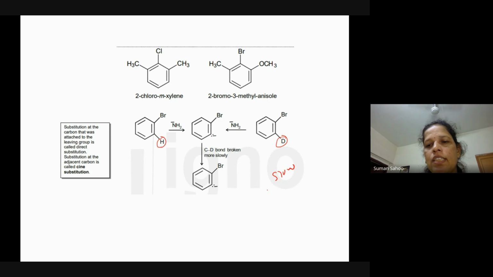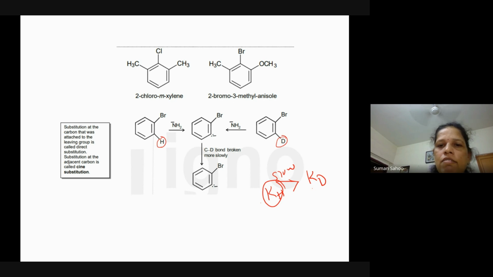So kH is much higher as compared to kD, the rate constant for carbon-hydrogen bond breaking is more as compared to carbon-deuterium bond breaking. That also signifies that this kind of mechanism is going on.